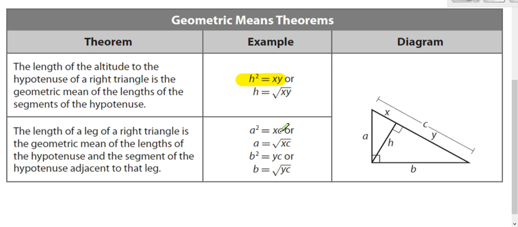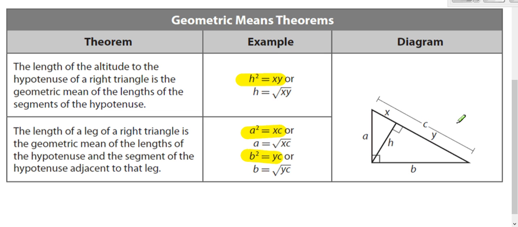Also, you get a squared equals x times c, where c is the entire length of that hypotenuse there. And the third relationship is b squared, the other leg, equals y times c.